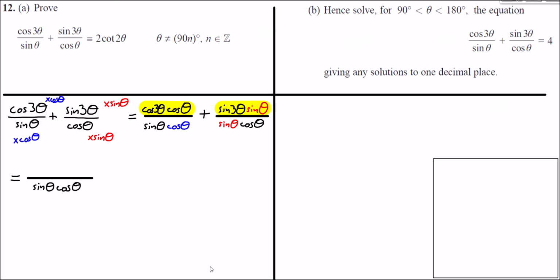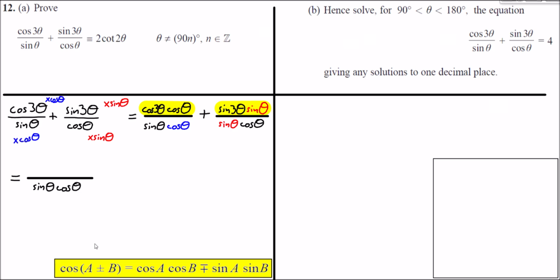I've got it here from the formula book. Cos A minus B, if I have a look at this bottom one here, cos of A minus B is cos A cos B plus, which is what we've got here, a sine and a sine. So what this tells us here is essentially that what we had here, cos 3 theta cos theta plus sine 3 theta sine theta, that's the same as cosine of 2 theta.